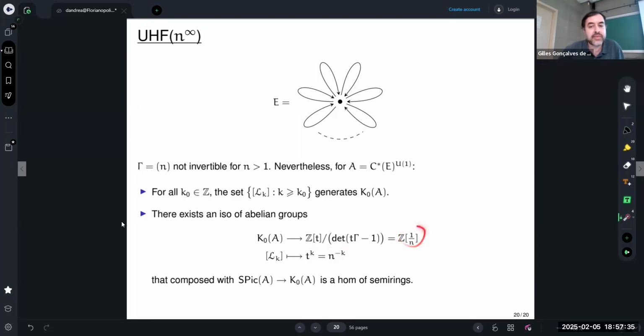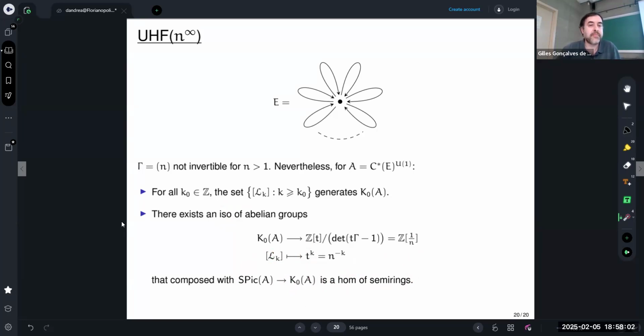So this is not a free group, which is the reason why you cannot prove that line bundles are a basis, but still they generate this group. And this isomorphism of abelian groups is still compatible with the tensor product. If you compose with the map from the Picard semiring to K theory, you get a homomorphism of semirings. So it's compatible with the tensor product, and this is the same map as before, still Lk going to T to the power k.